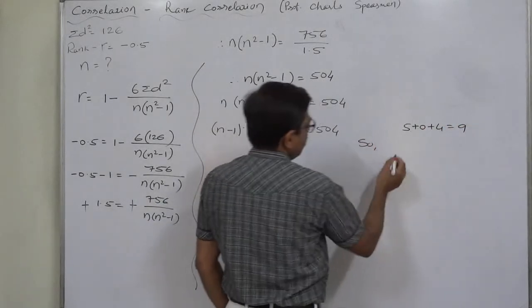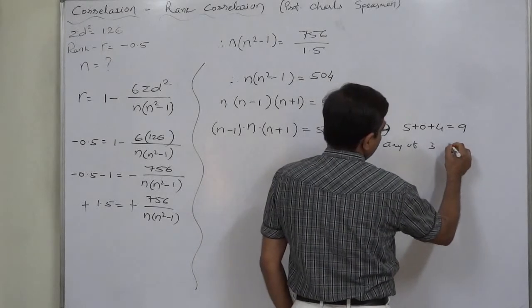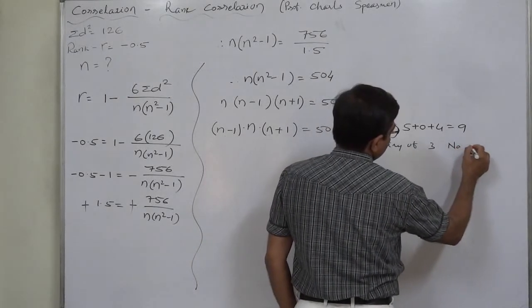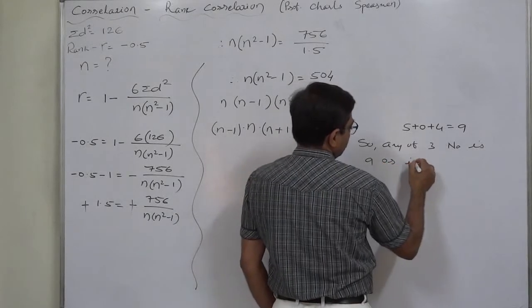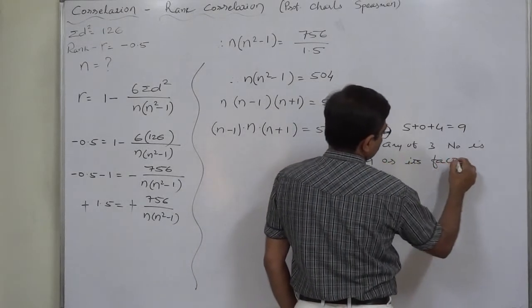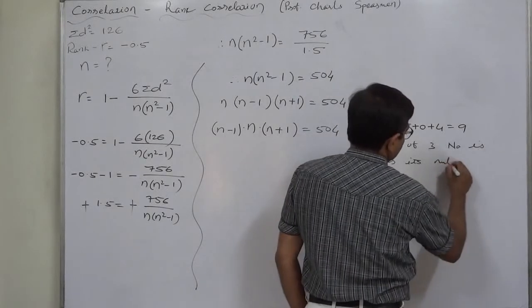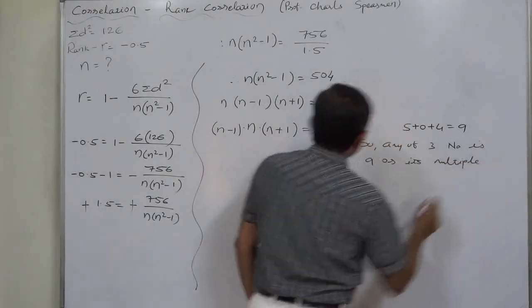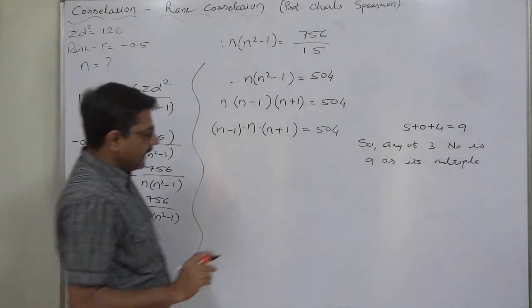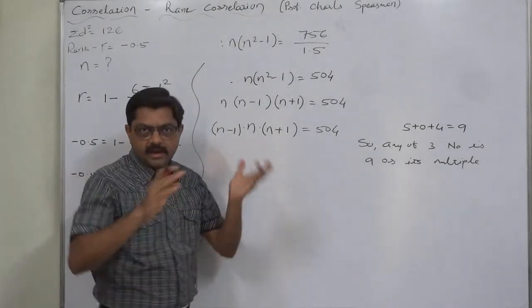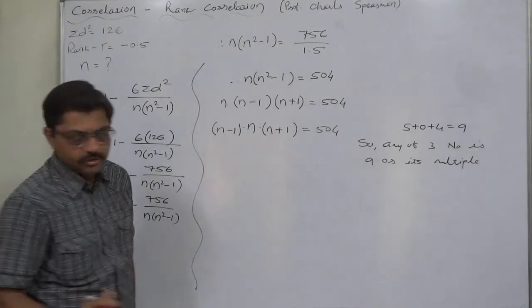So any one of these three numbers is 9 or its multiple. Any one of these three is 9 or its multiple, and the remaining two are either less than 9 or greater than 9, because these three are consecutive values.